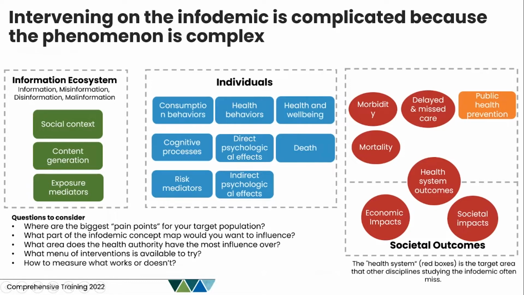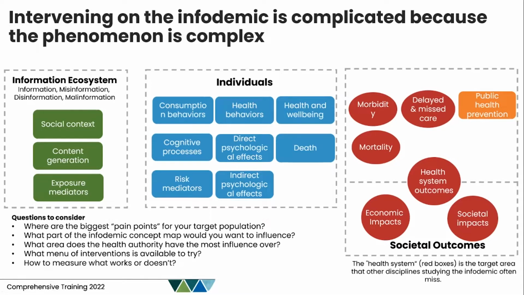This is a very busy slide, but suffice it to say, when we think about intervening on the infodemic, just like, for example, with public health and social measures, we really need to think about how to intervene at different levels, because the infodemic is really complicated. The phenomenon is very complex because the information environment really permeates our interactions, both within the information ecosystem, there are certain information seeking behaviors, and how information affects us as individuals.